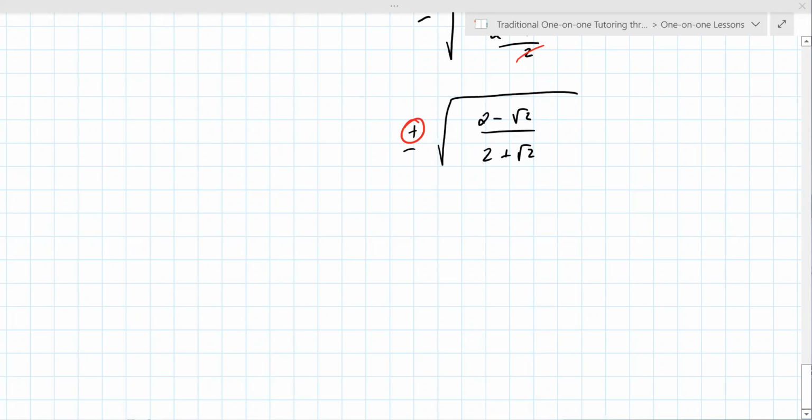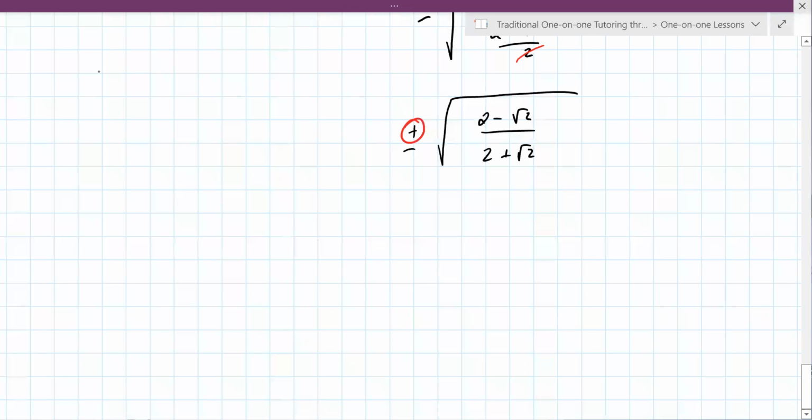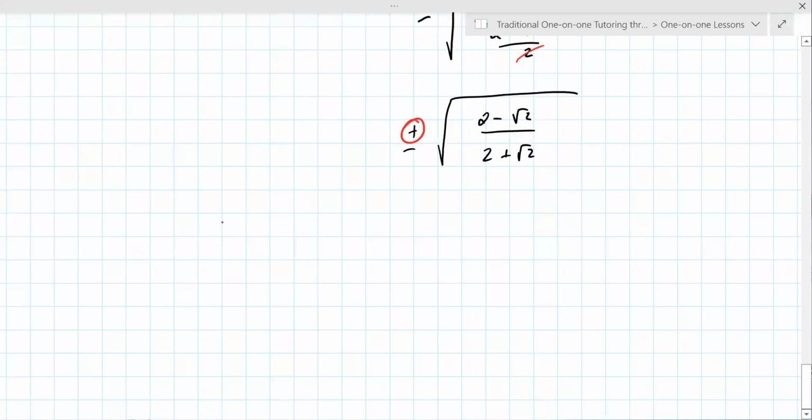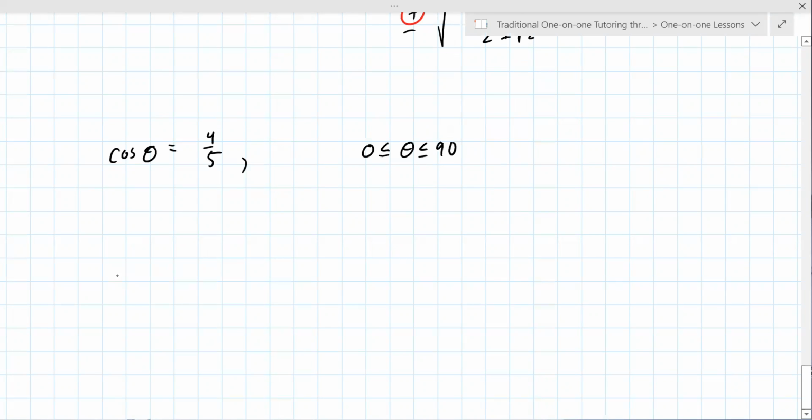I'm not seeing any others that jump out, but one of the other ways this is used is they would ask you something like the following. They would say the cosine of theta equals 4/5, and they might tell you that you are in quadrant 1, and then they would ask you, what is the sine of theta over 2? Is this the kind of problem that you've seen in class potentially?